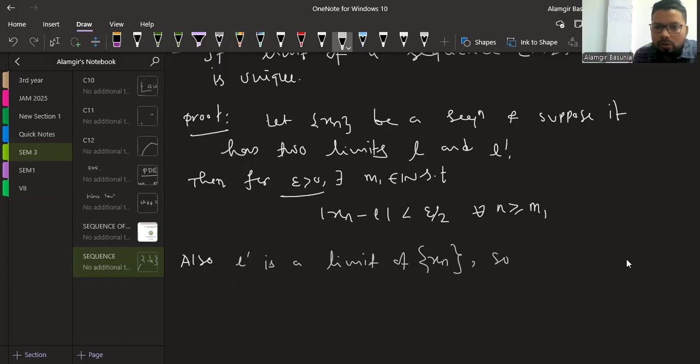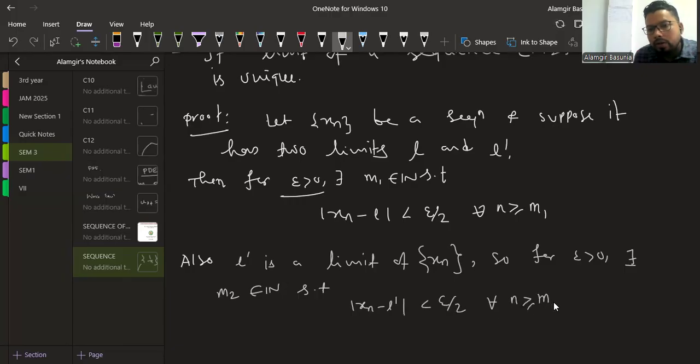So for epsilon greater than 0, there exists m2 also. We shall get another natural number m2 such that mod of xn minus L prime will be less than epsilon by 2 for all n greater than or equal to that m2.